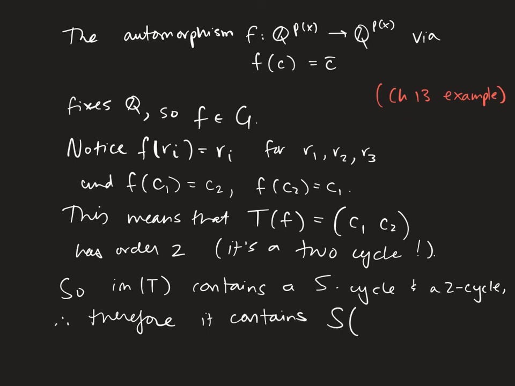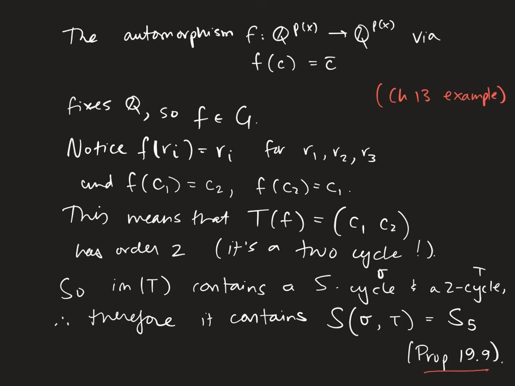Let's call the 5 cycle sigma and the 2 cycle tau. So the subgroup generated by sigma and tau. And that is all of S5, because S5 is generated by any 2 cycle and any 5 cycle. And that's proposition 19.9.